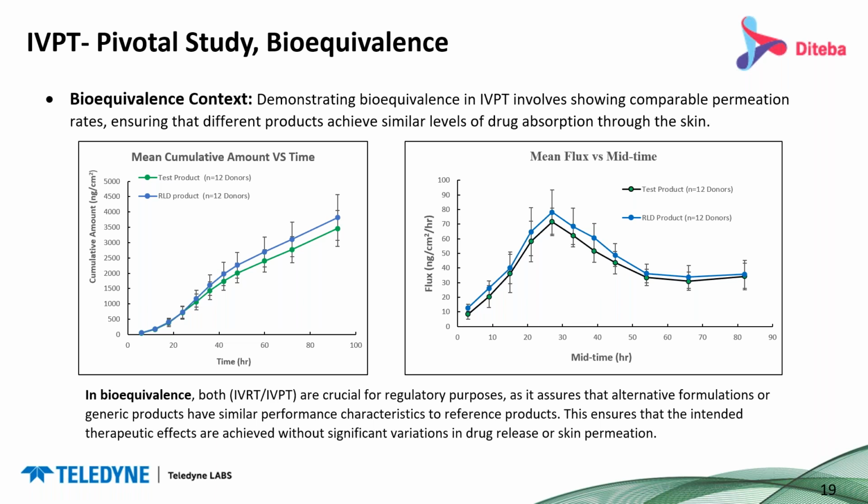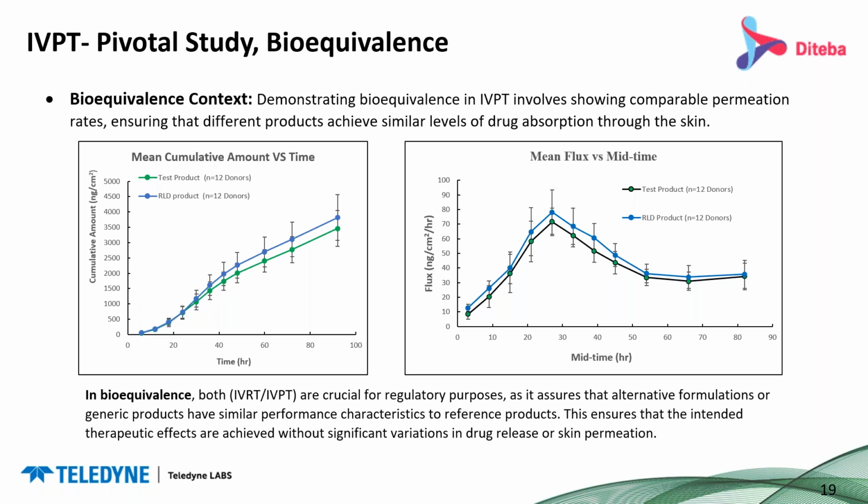Normally it is like this. It is notable that EMA draft guidance specifies a maximum IVPT study duration of 24 hours unless membrane integrity is demonstrated for a longer period. The FDA guidance allows up to 48 hours.